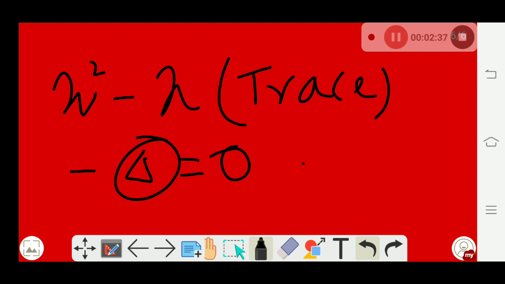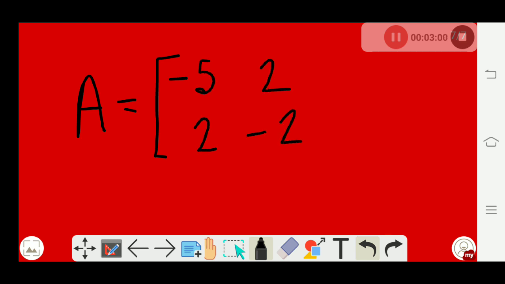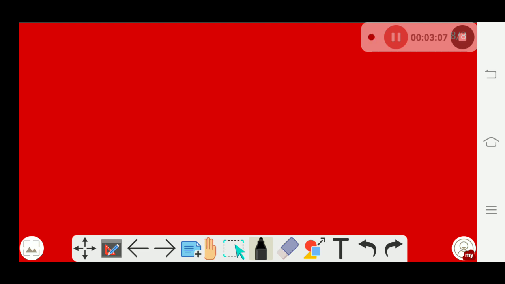Now we are going to solve a problem in 2D. How can we find the eigenvector, and for the eigenvector, eigenvalues are essential. Okay, let's solve. A is equal to [-5 2; 2 -2].